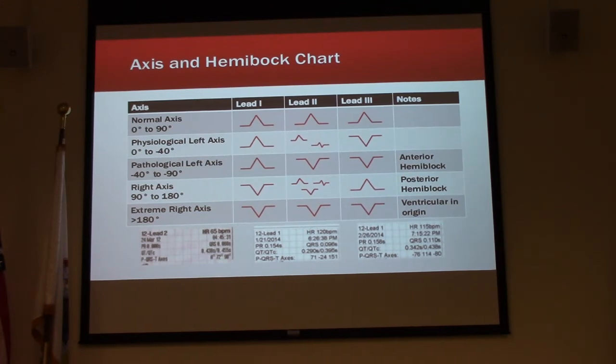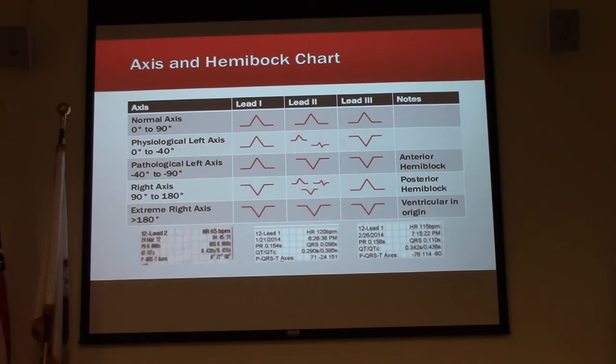It could be someone with a bundle branch problem, left bundle branch problem. It could be someone with coronary artery disease. But these people that have the pathological left axis have a very high likelihood of going into cardiac arrest. And understand with these patients that you might actually see them deteriorate very quickly.